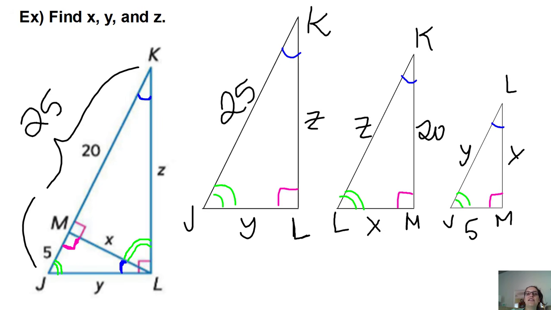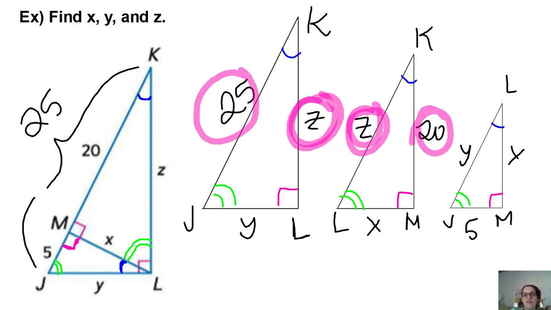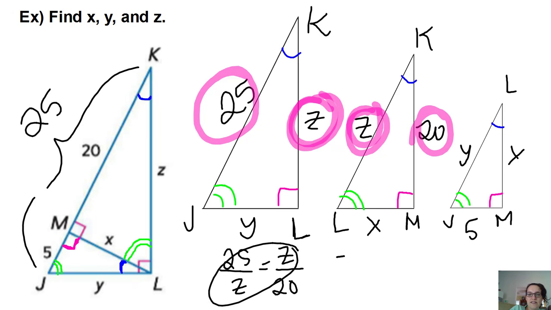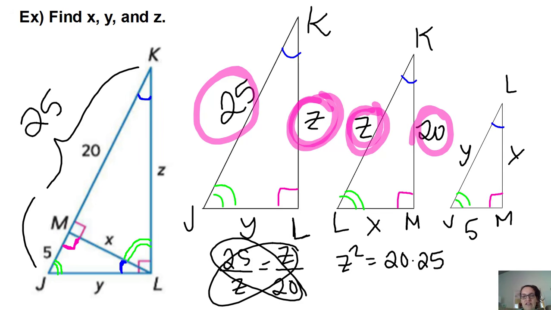And then finally I want to find z. Those are my two z's. z in this triangle corresponds with 20, and z in this triangle corresponds with 25. So now I can set up my proportion. I'll do left over right. 25 over z equals z over 20. Then I cross multiply. z squared equals 20 times 25, which I'm not going to multiply, because I'm going to end up breaking it down into its factors anyway when I take the square root.